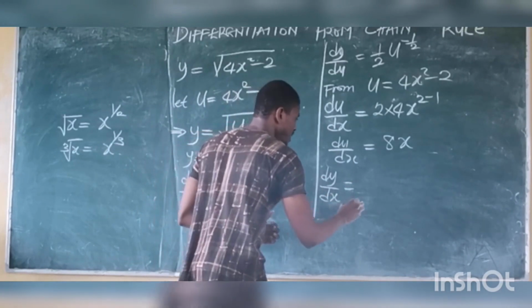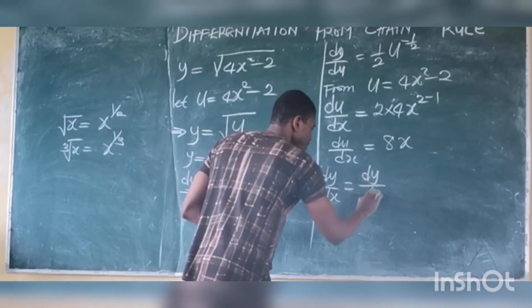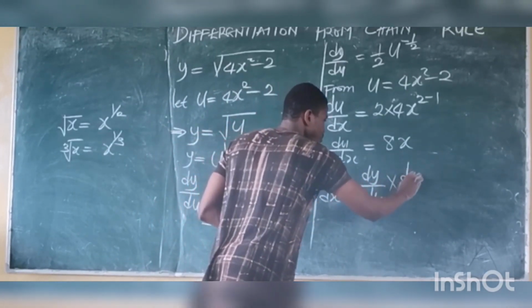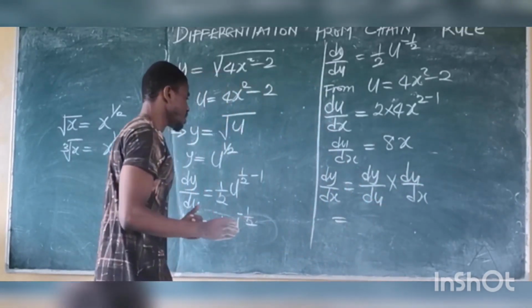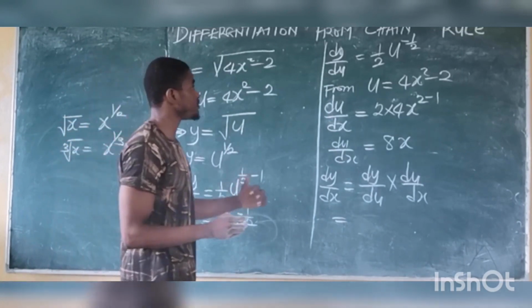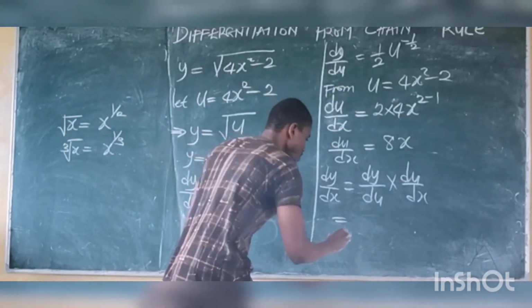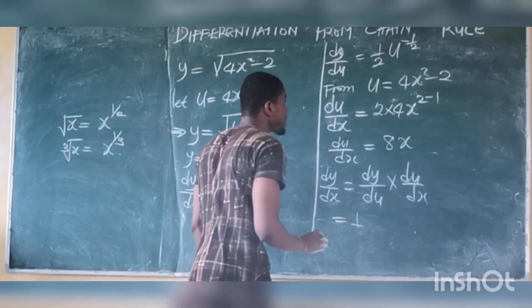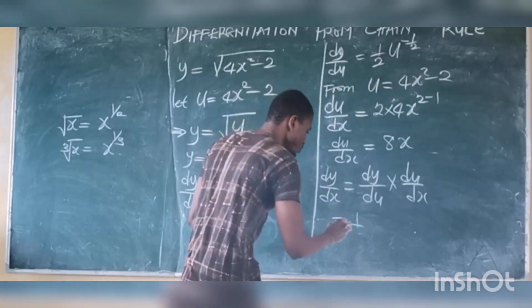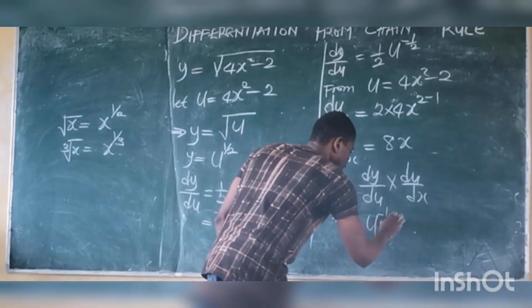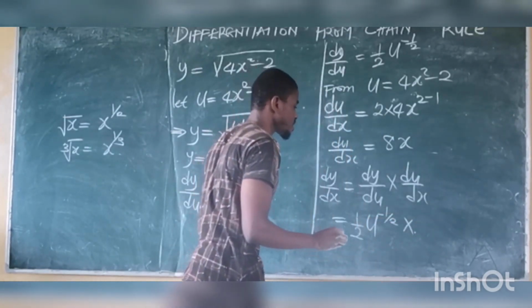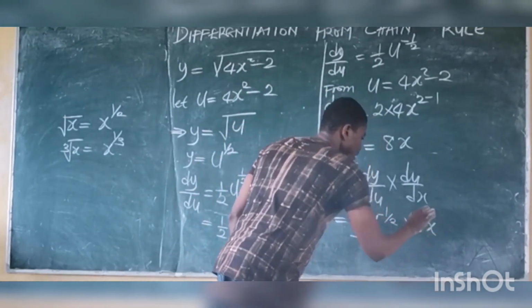After having this, notice that dy/dx is simply the product of the two derivatives, dy/du times du/dx. dy/du gave me 1 over 2 u to the power of minus 1 over 2, times du/dx, which gave me 8x.